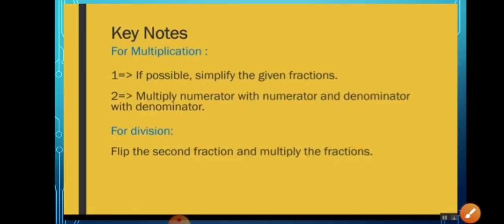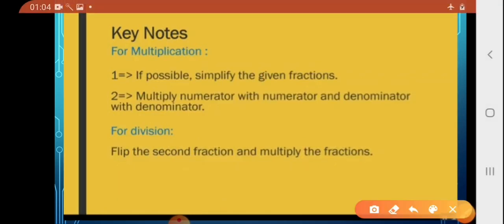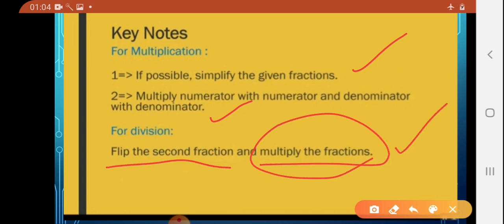Some key points: for multiplication, simplify the given fractions and then multiply the numerator with numerator and denominator with denominator. For division, flip the second fraction and multiply the fractions.